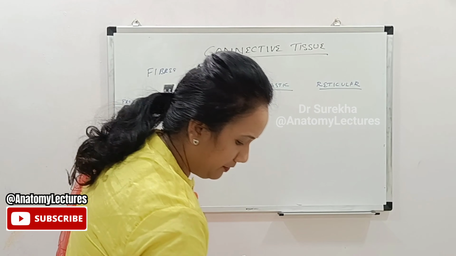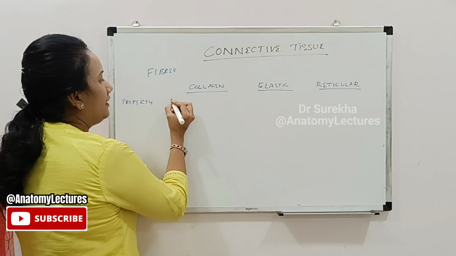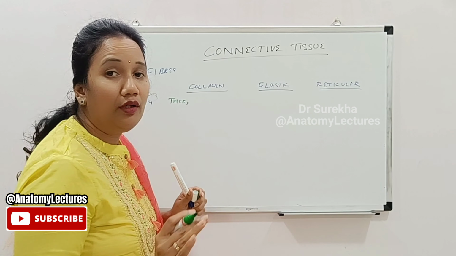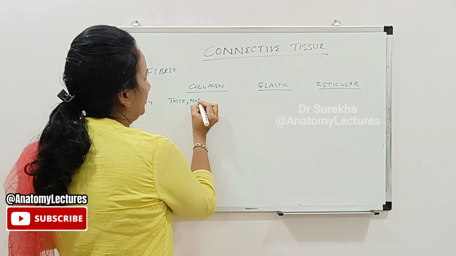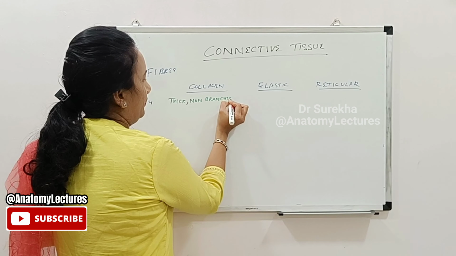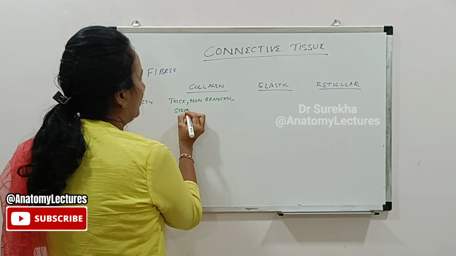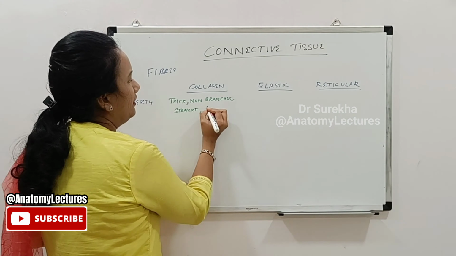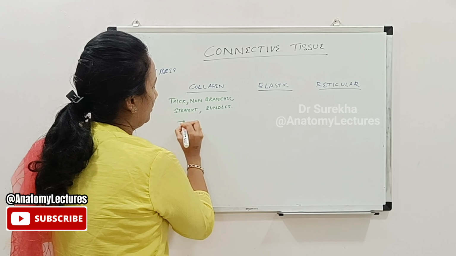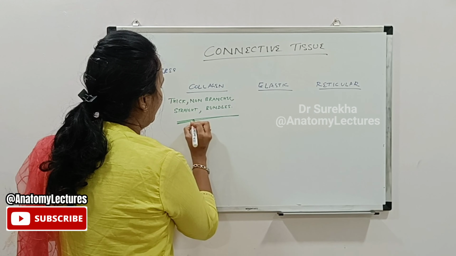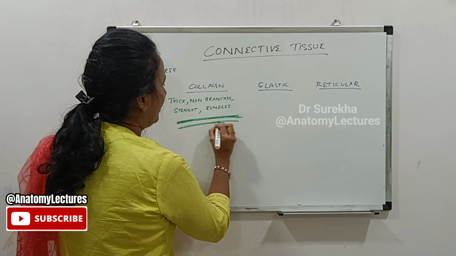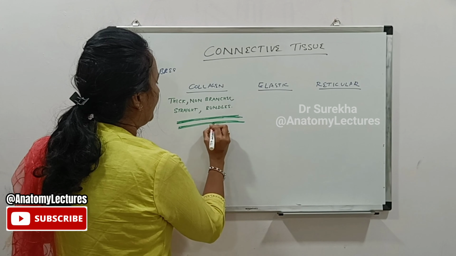Collagen fibers are thick fibers and they are non-branched. They do not branch. They are straight fibers which are generally arranged in the form of bundles like this.